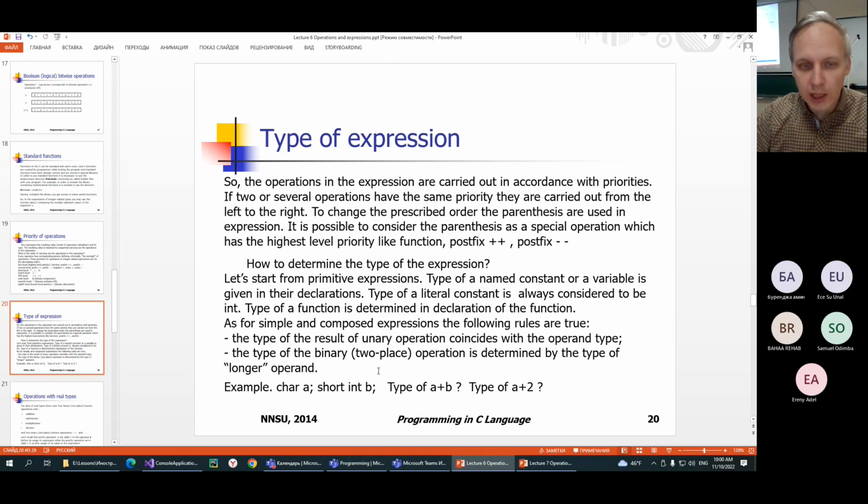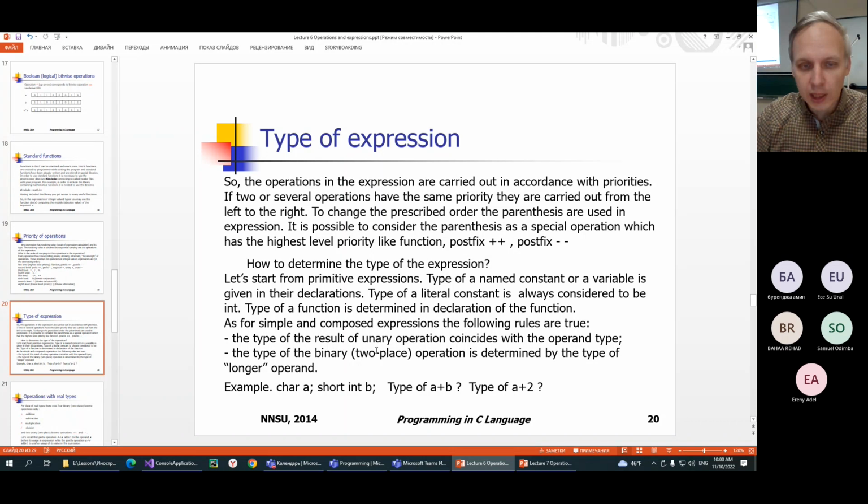Well, and also just a few words about the type of the expression, because the operands can be of different types.